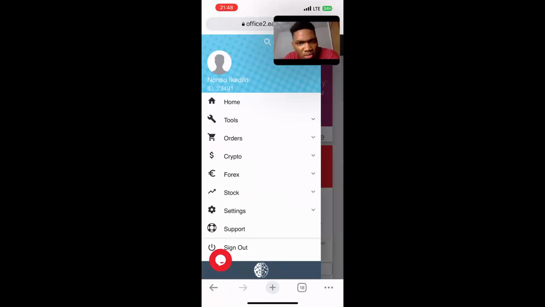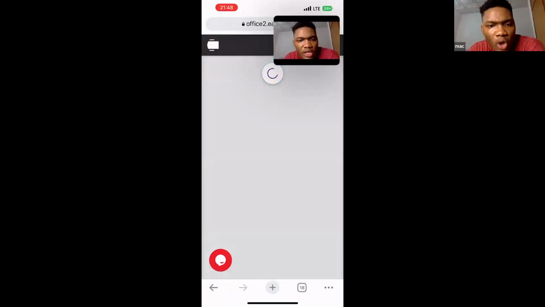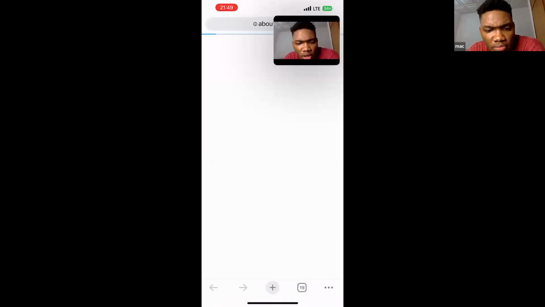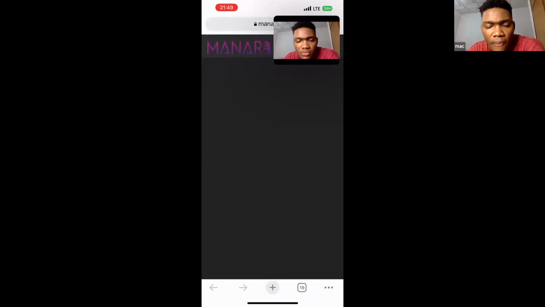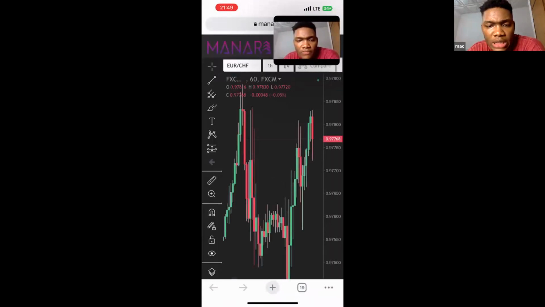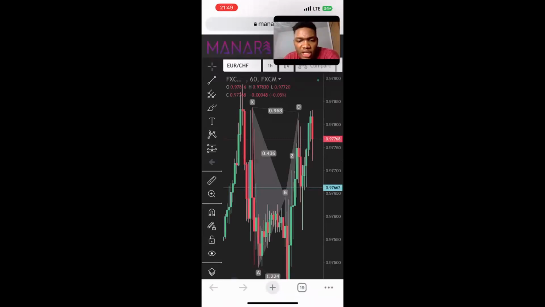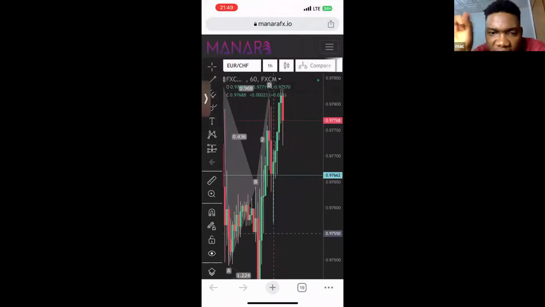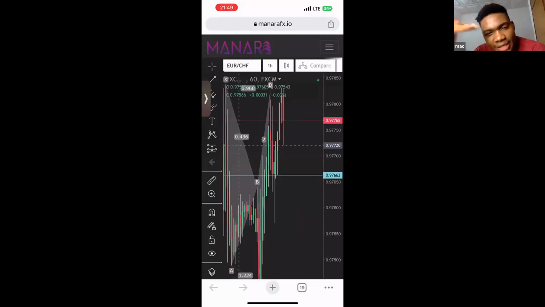Yes, that's Chrome. Okay. Then click on Home. Then click on Access Manara now. Then click on that three dashboard. The three dashboard. The three lines.